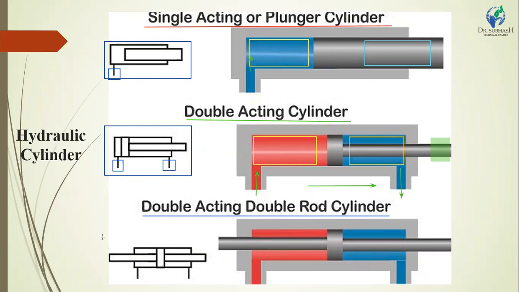The symbol of this cylinder has one inlet and one outlet, and both sides are shown with the rod attached. It also works the same way, with one inlet from the hydraulic pump and one outlet to the hydraulic tank.